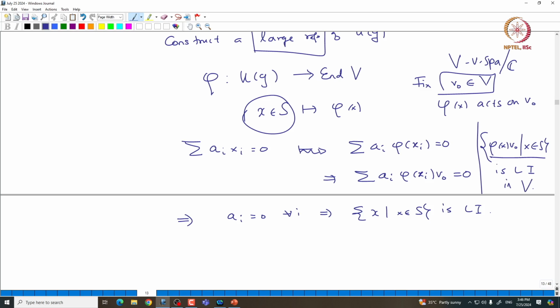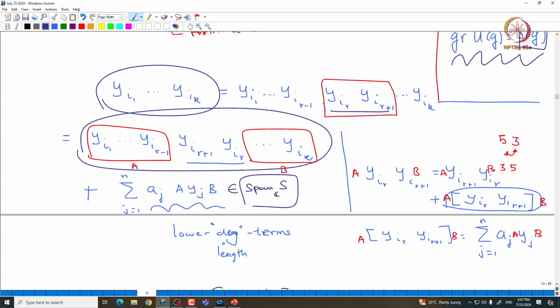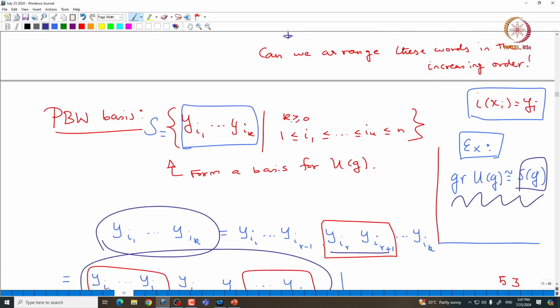Then that would imply that the original thing that you started with will be linearly independent. So, that is the idea indeed used in order to prove that this set is indeed linearly independent. Maybe I will do this later.